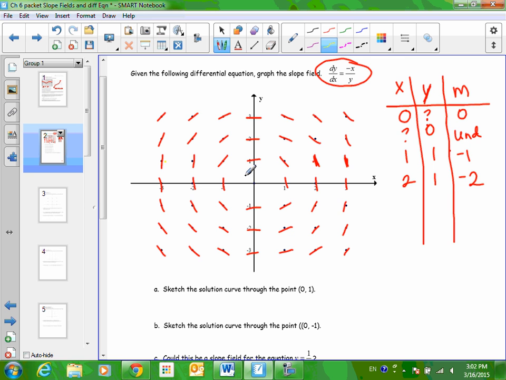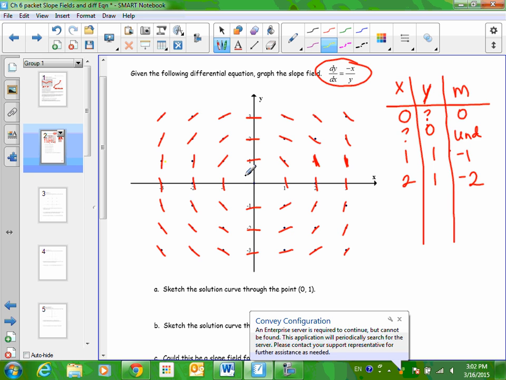Okay, so let me ask you this. As the points got further and further away from the center, like going to the left and the right, what did that tell us about the steepness of the slope? Did it get steeper or did it get flatter, as we went away from the middle? It got steeper because the x value got bigger.